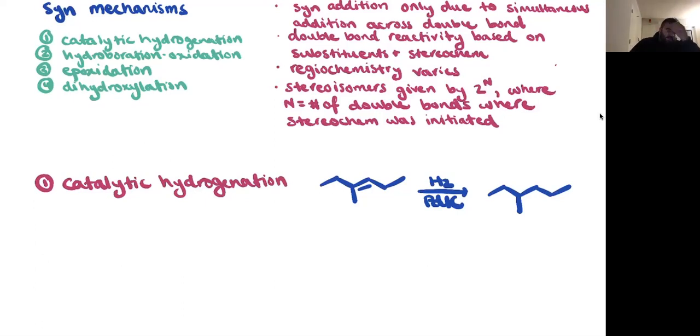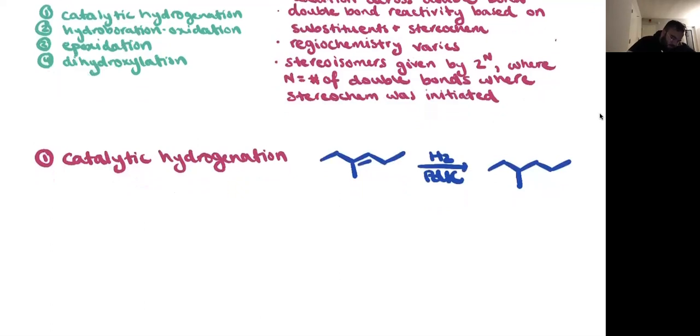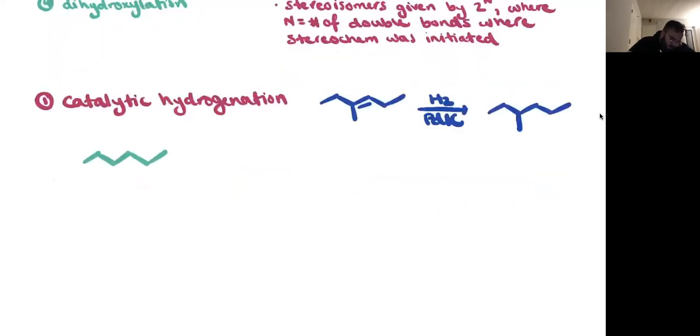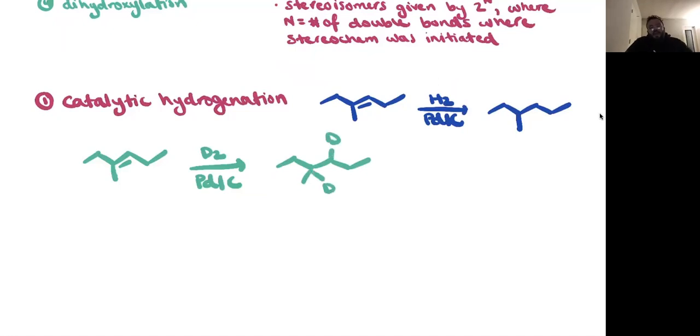What I am going to do is a bit of an example, where instead of adding H2, Pd/C, I'm going to add D2, Pd/C. Okay, so you know that if I add D2, Pd/C, I'm going to add my deuteriums across where that double bond used to be.